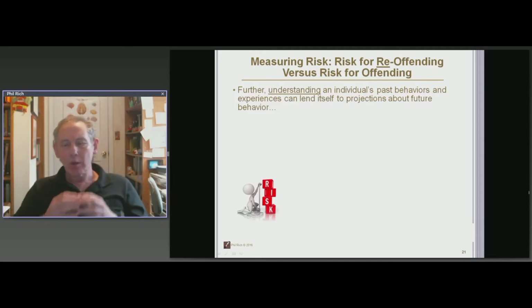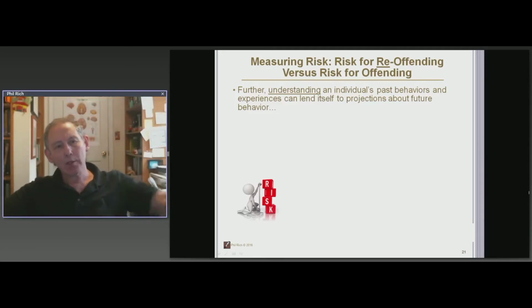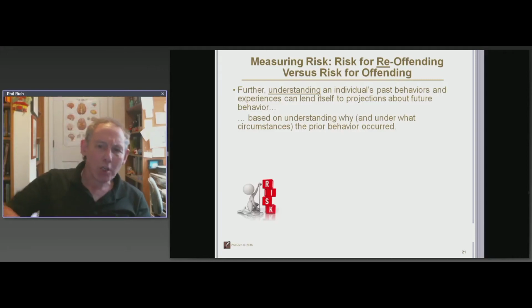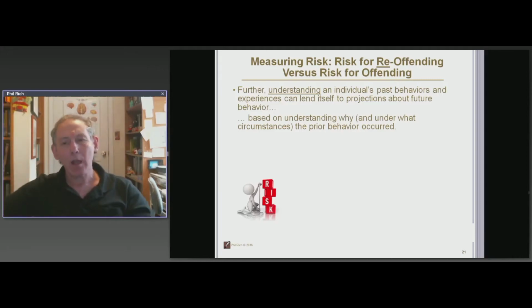It's a matter of really trying to understand the past behavior, to understand past experience, so that we can start to think about the individual and make better informed interpretations, projections about what might happen in the future based on understanding not just what happened, but why it happened, under what circumstances, et cetera.